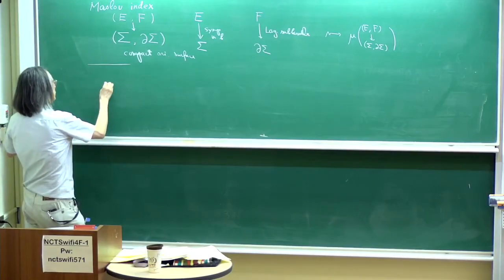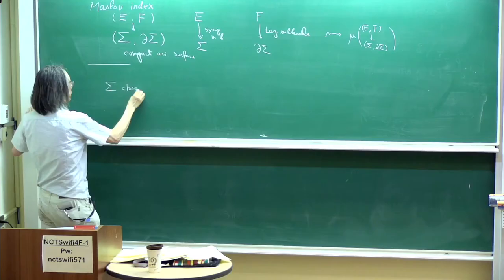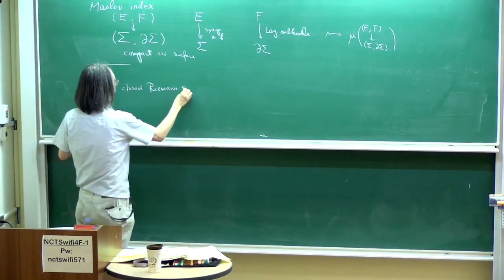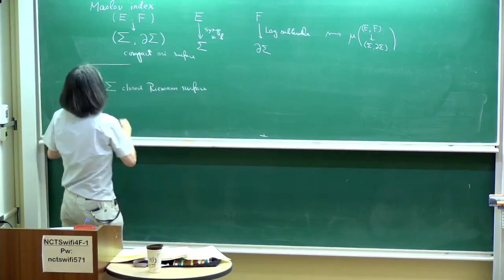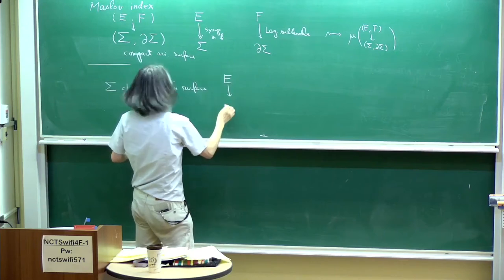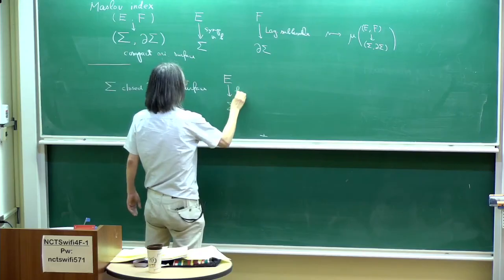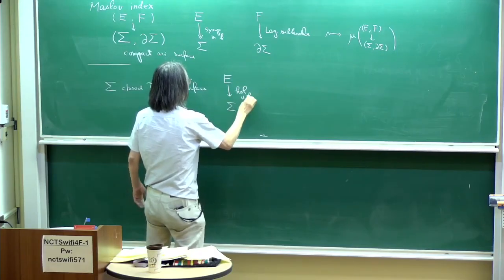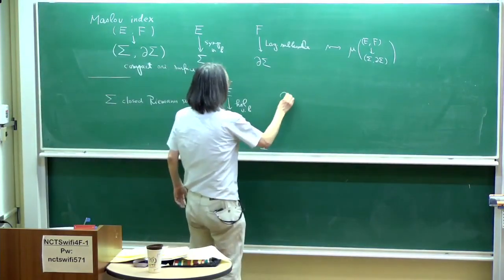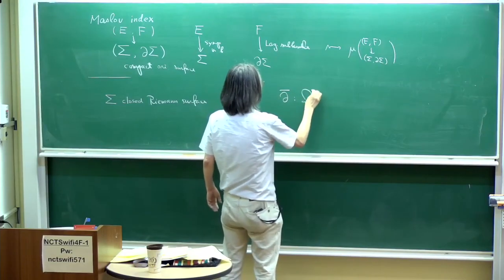So firstly, I consider sigma is just a Riemann surface, maybe closed Riemann surface, so compact without boundary. And then let E be a complex vector bundle, but maybe I take a holomorphic vector bundle. And then we have a d-bar operator. So it's actually a map from omega 0,0.